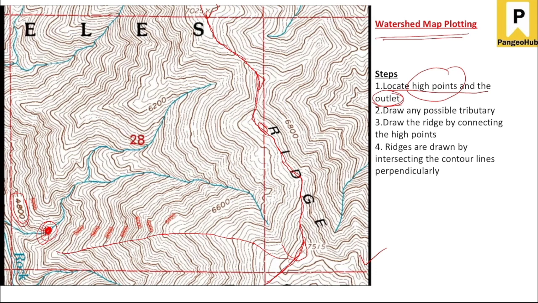On the other side, you can go like this from the outlet. You can also draw it from the ridge line, but the main important thing is to find the proper way to join the outlet with the main ridge system. Now it is joined. So this area marks the watershed.